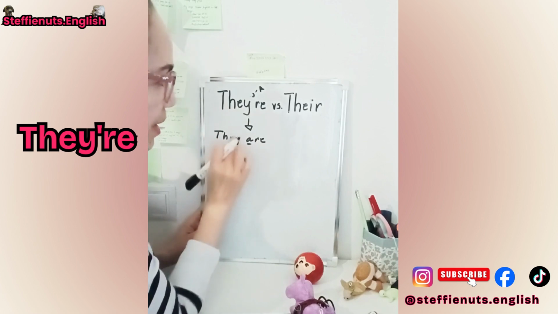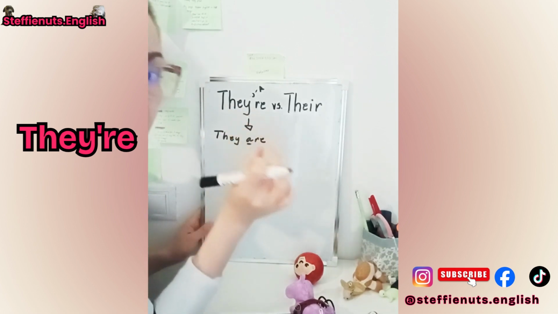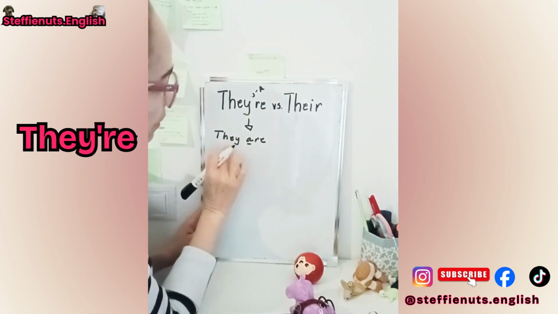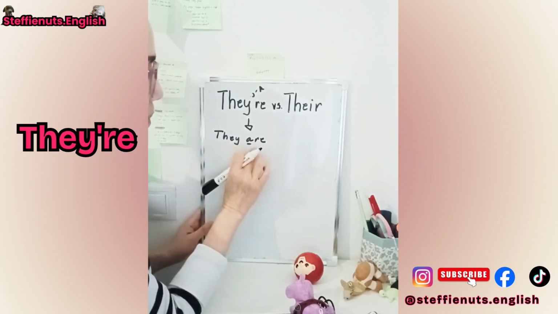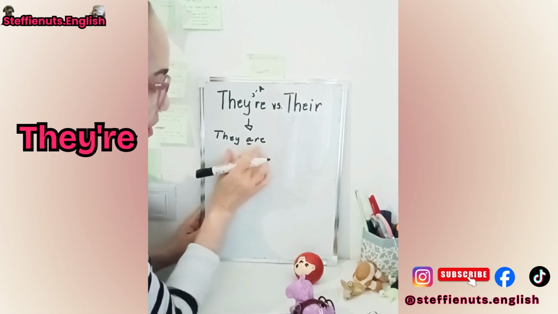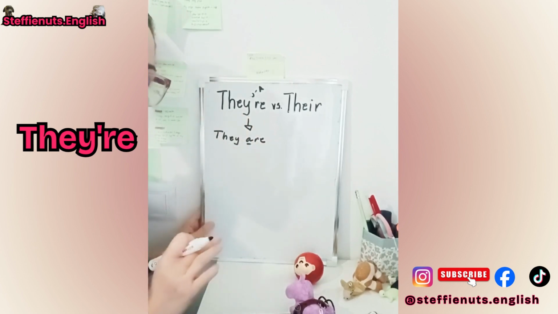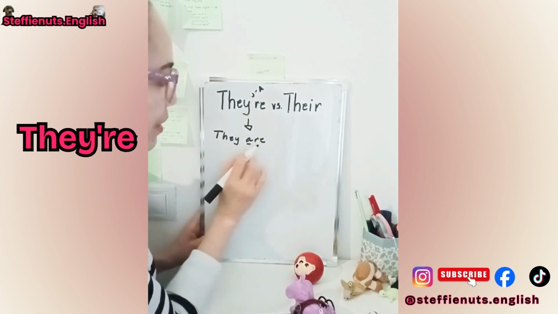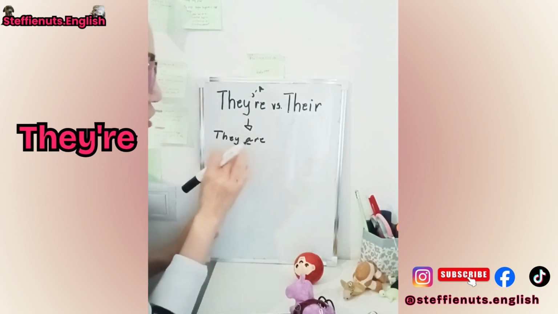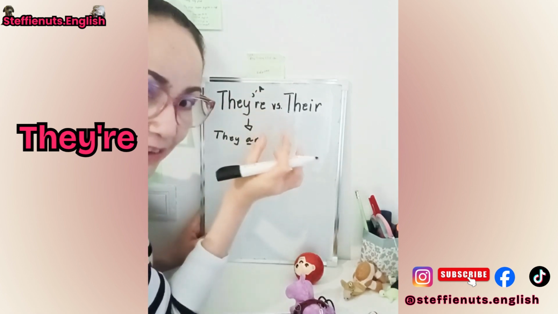So there is a shortcut of they are. They are, okay, is the longer version of there. It's very simple. So there and they are, okay? They are the same. It's just that there is shorter.